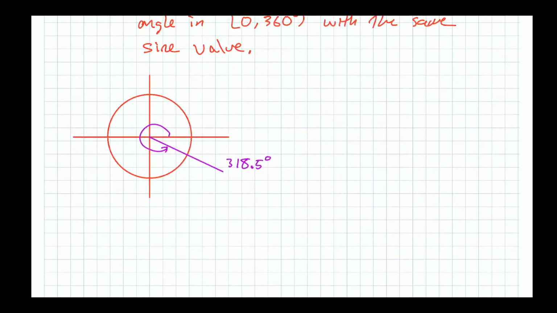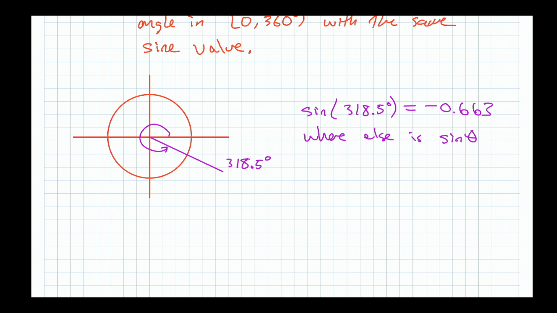So at this angle, we know that sine of 318.5 is negative 0.663. And so we want to say, where else is sine theta equal negative 0.663?